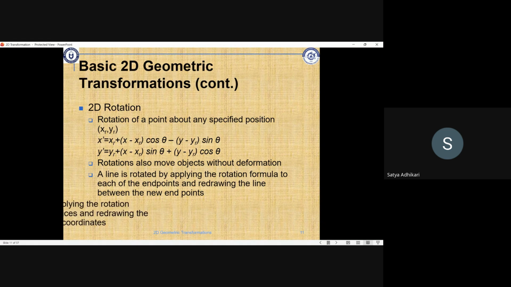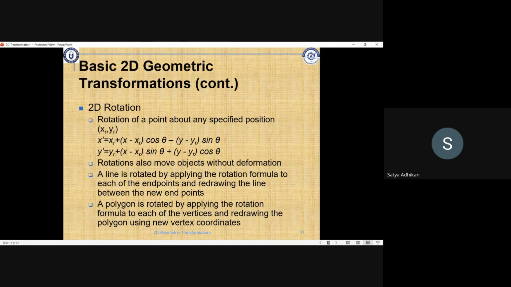Similarly, a line is rotated by applying the rotation formula to each of the endpoints and then redrawing the line, exactly like translation. And a polygon is rotated by applying the rotation formula to each of the vertices and redrawing the polygon using the new vertex coordinates.